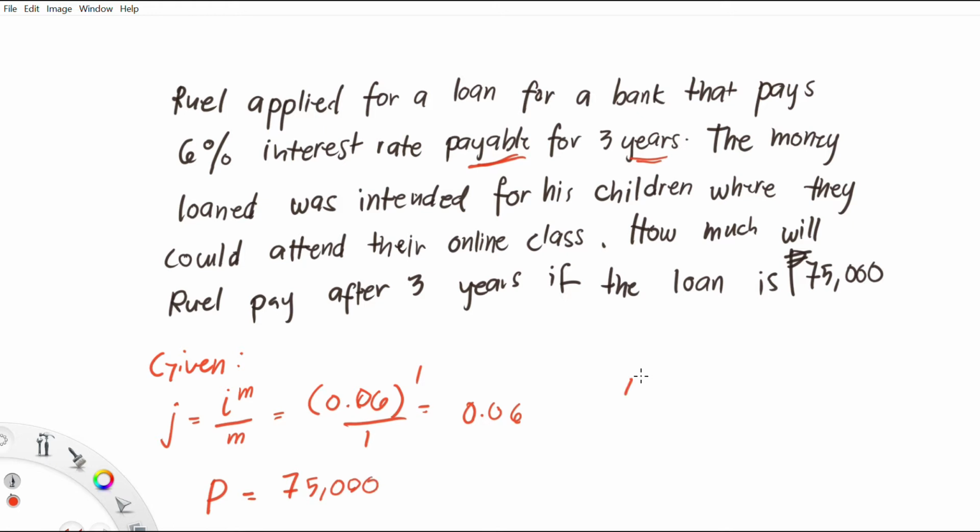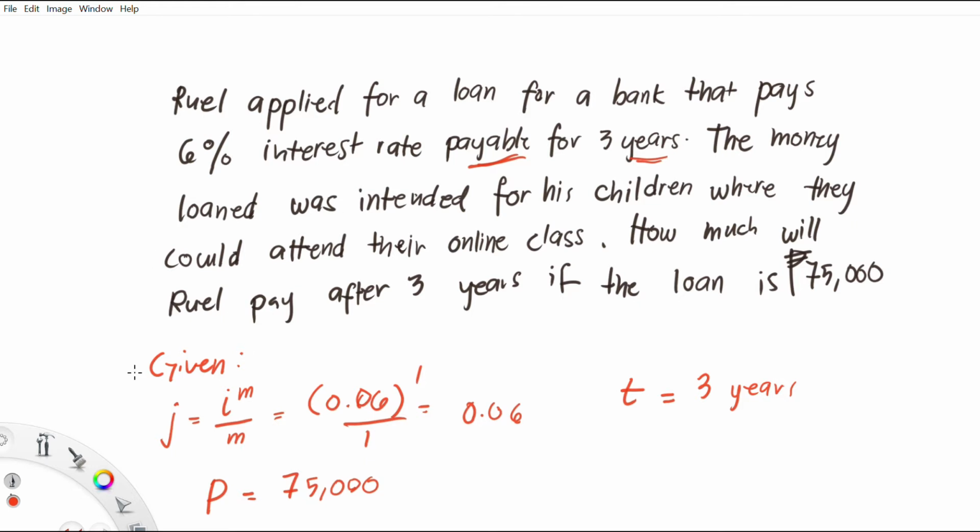And the term in which Ruel will pay is 3 years. And that's it. If you understood the problem, we can say that this is a personal loan as it is for family purposes.